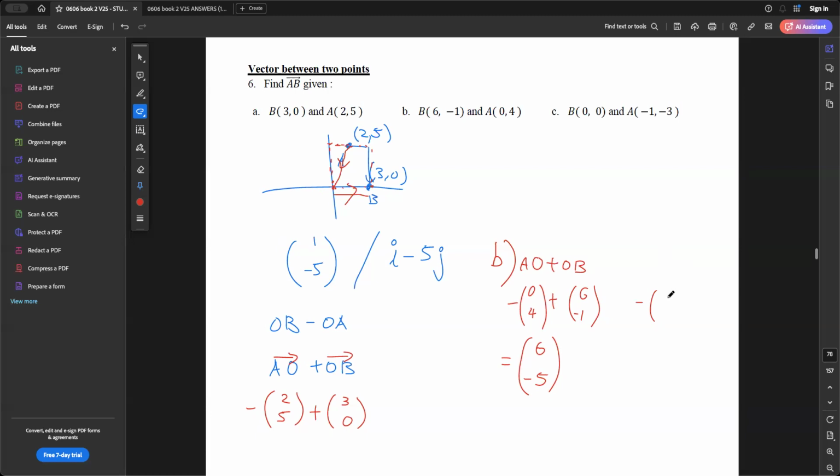Negative. That would be B. Negative 1, negative 3. 0, 0. So actually, it's the same thing, just 1, 3. Okay.